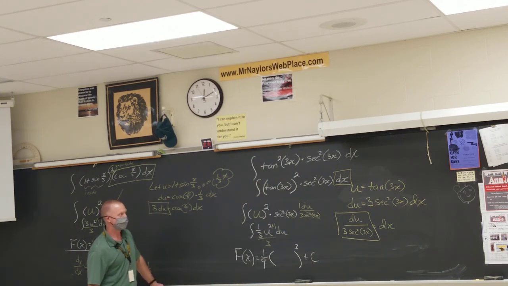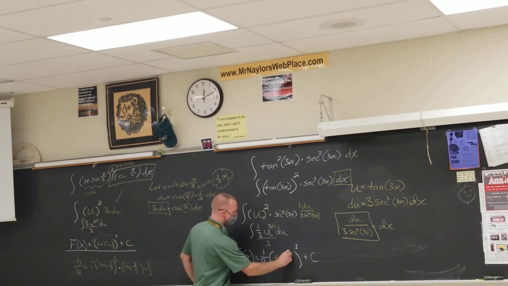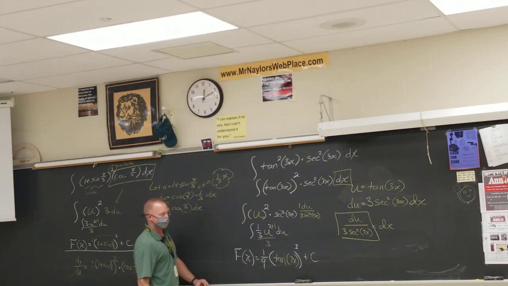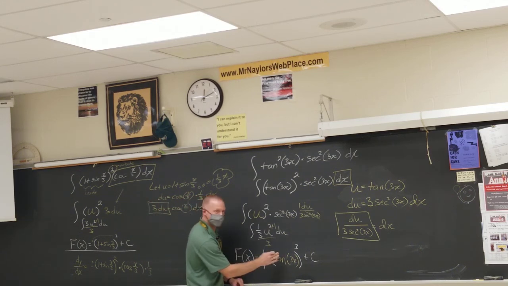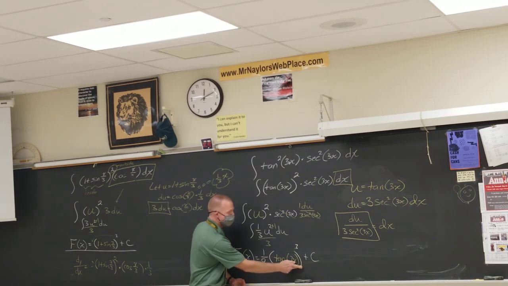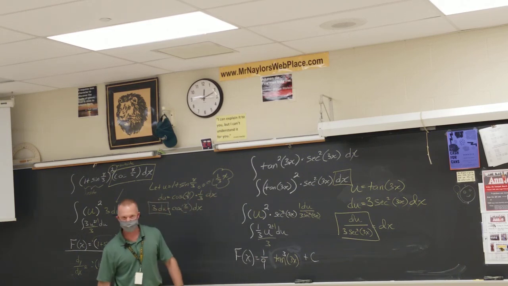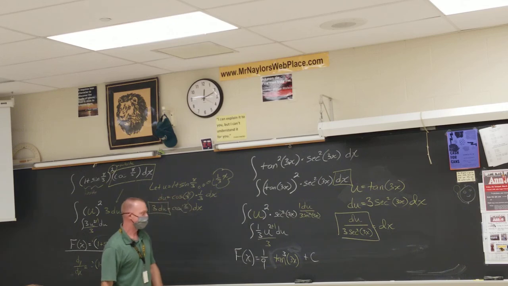So we can just swap the inside back in there, that tangent of 3x. I would accept that answer. I have to admit that if you got that far, you might as well write it as tangent cubed, like we should put an exponent on a trig function. So 1/9 tangent cubed of 3x.